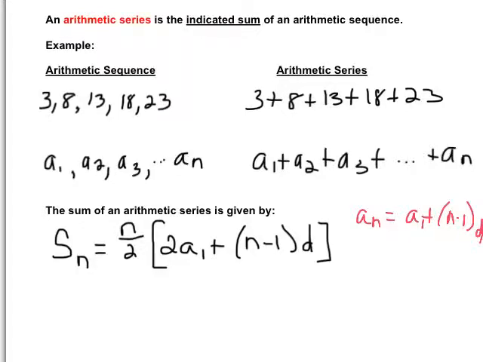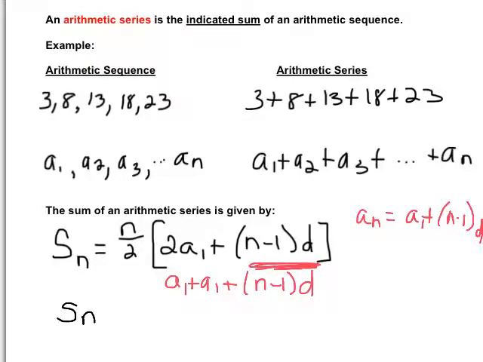So if you look at this, here's the n minus 1 times d, and I can pull one of these out. So I really have a sub 1 plus a sub 1, because that's 2a sub 1, plus n minus 1 times d. So the second way to write this sum is a little bit simpler.